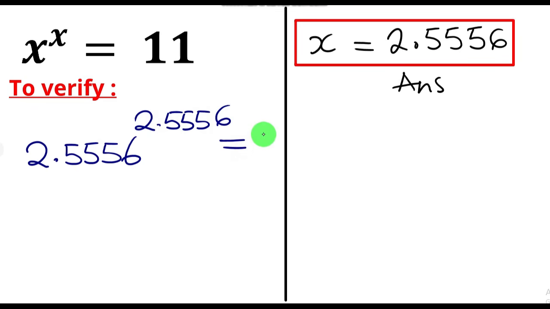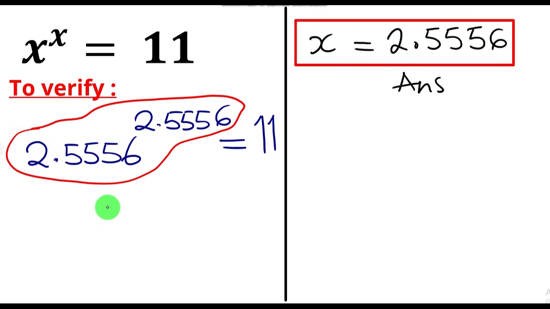Is this going to be equal to 11? The calculator is going to help. By punching my calculator, this gives me 11, and this 11 is also equal to 11 here. So the left hand side is equal to the right hand side.